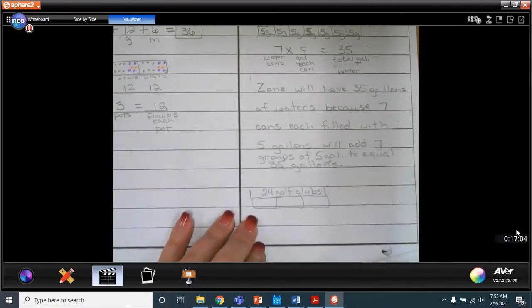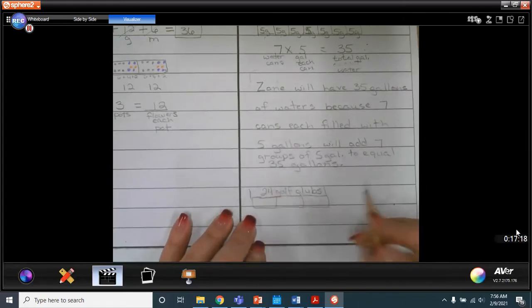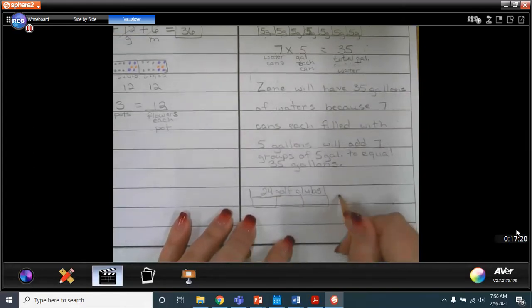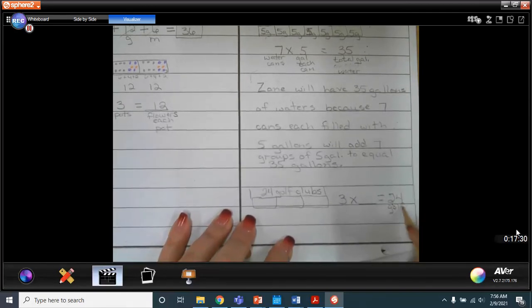That would be multiplication, okay? That's not what it says. It says we're going to put the same number of clubs in each bag, starting with these clubs that we have here. So if I start putting clubs into bags, well, that's like me saying, okay, I have 3 groups. I don't know how many clubs are in each bag, but I do know that I have a total number of golf clubs.